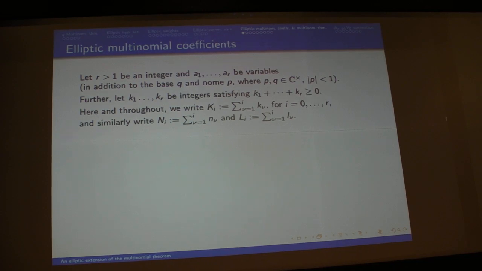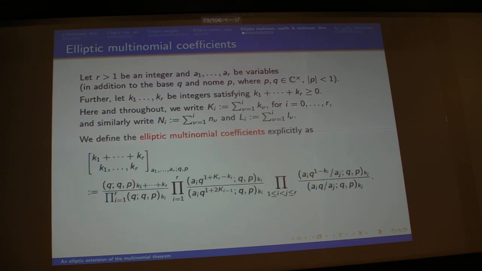For notation, we introduce the capital letters K_i to denote the sum of the integers up to the ith index, K_1 up to K_i, and similar for N_i and L_i, which will then appear. And here's now, one can define the elliptic multinomial coefficients explicitly as this product now.